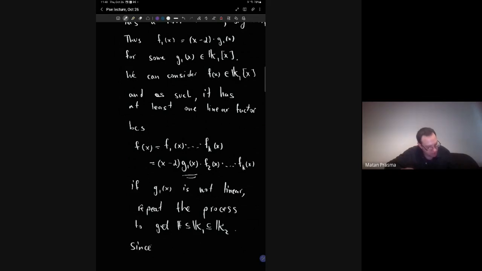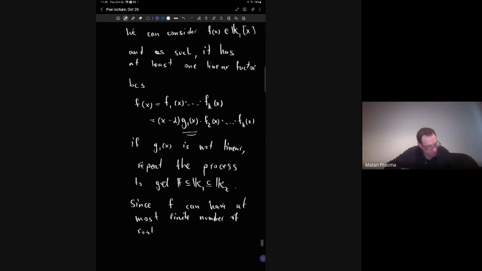Since f can have at most a finite number of roots, this process terminates.